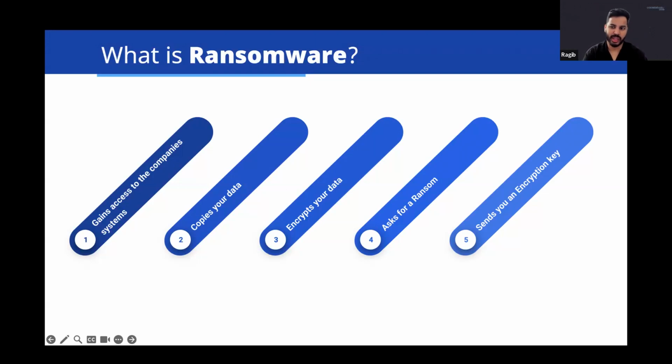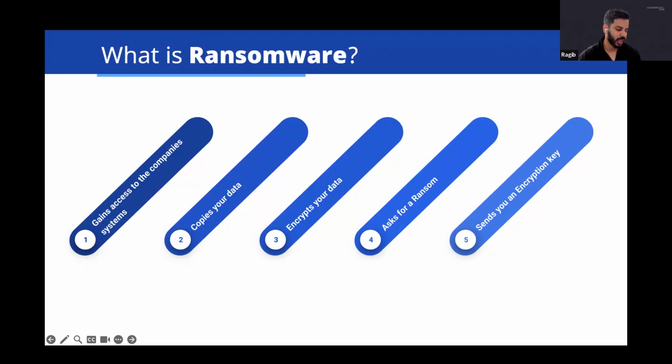If backups are clean and isolated, organizations can technically wipe infected systems and restore operations without paying. If you don't have proper backups, that could be an issue. In the worst case, when backups are missing or compromised, companies may have to rebuild the system from scratch.